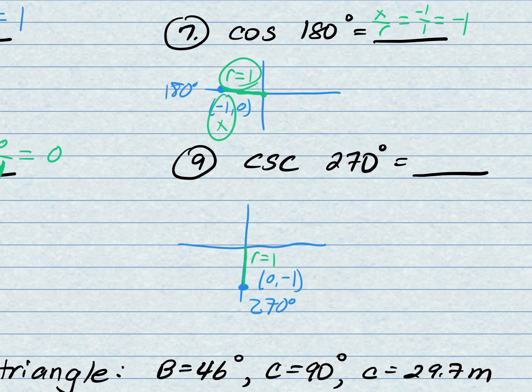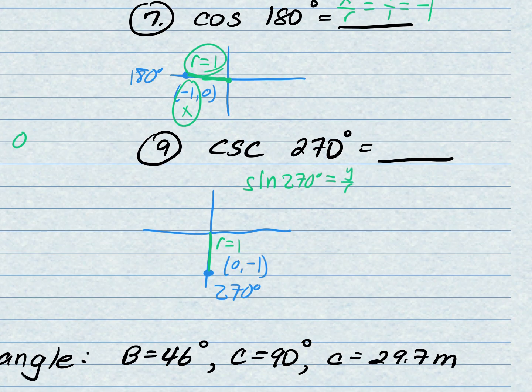And cosecant. Maybe you don't know what cosecant is, but if you know what sine is, a lot of you are good with the reciprocals. So if we know sine is y over r, then cosecant has to just be the reciprocal of that. So cosecant is going to be r over y, which is going to be 1 over negative 1, which is negative 1.